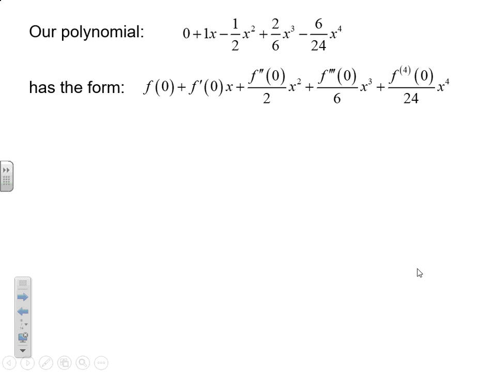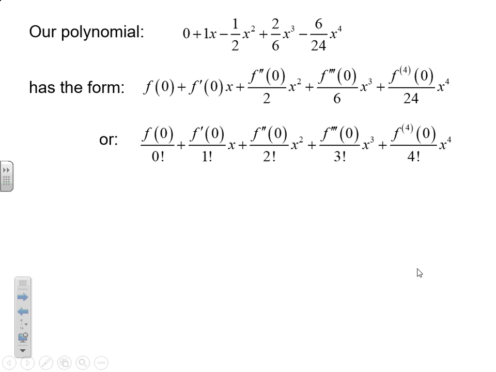It's a factorial. More specifically, 2 is 2 factorial. 6 is 3 factorial. 24 is 4 factorial.